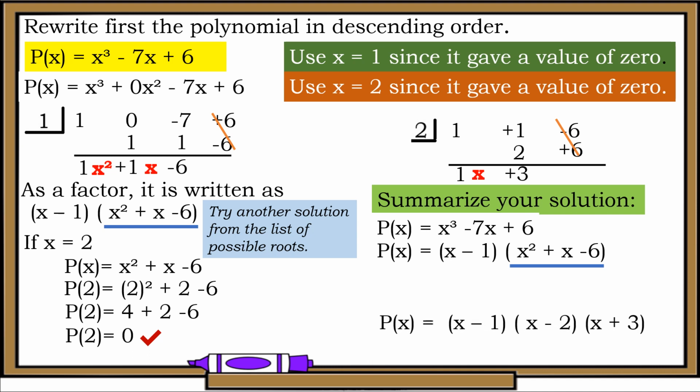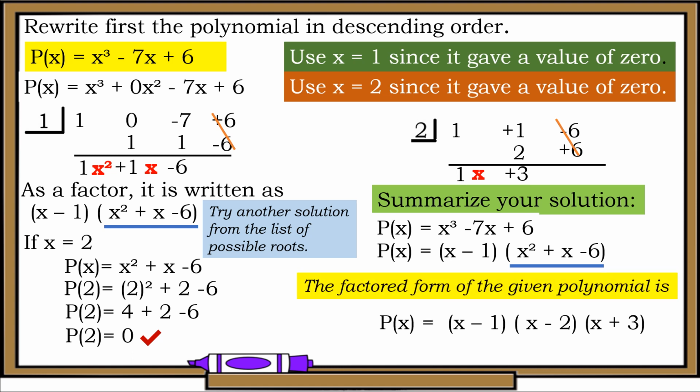Nung finactor natin, ang lumabas ay x minus 1 times x minus 2 times x plus 3. Therefore, the factored form of the given polynomial is x minus 1 times x minus 2 times x plus 3.